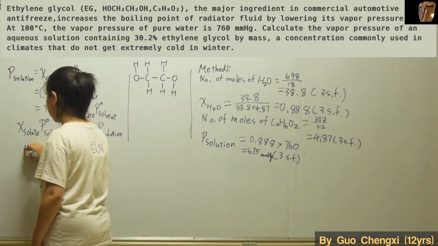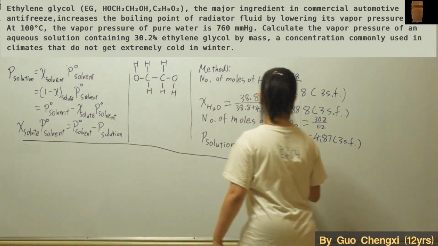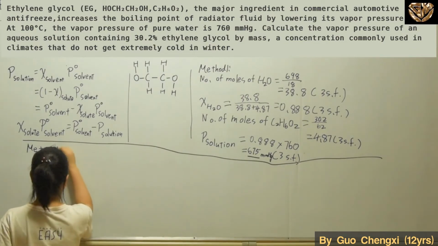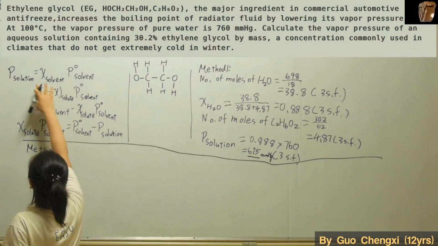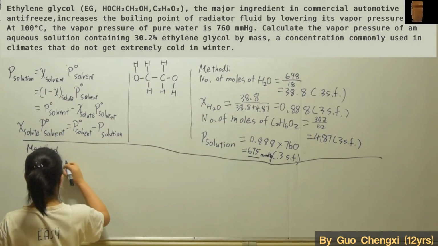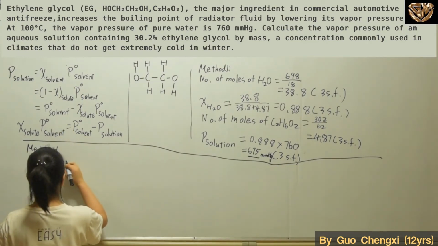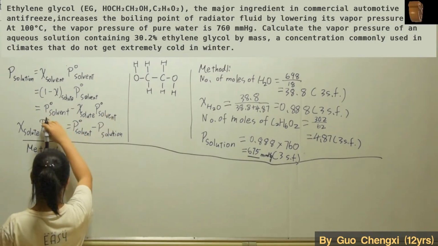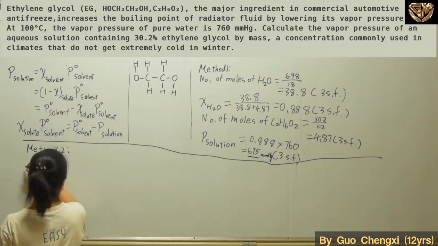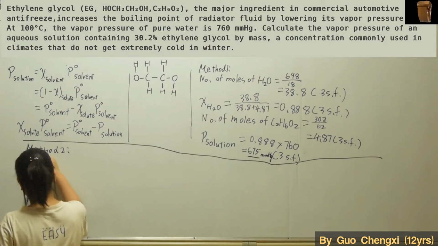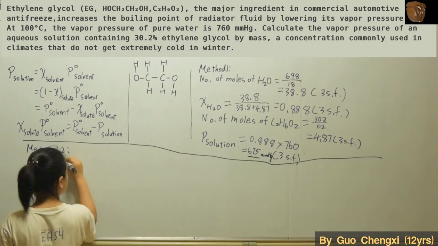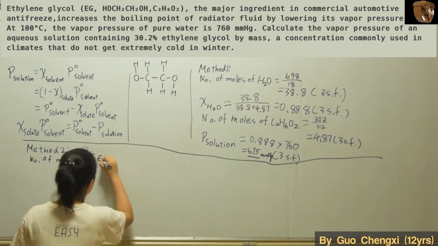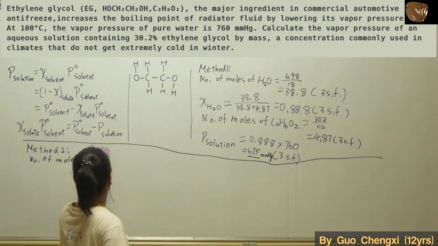So for method 2, for method 1 we were using the one above, the chi solvent times the pressure of the pure solvent vapor. But this time, we'll be using the below part. So method 2 will have to find the number of moles of EG. Well, we have already calculated it, so I'm not going to calculate it again.